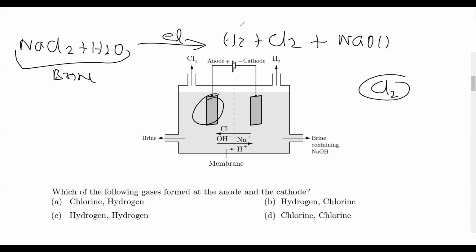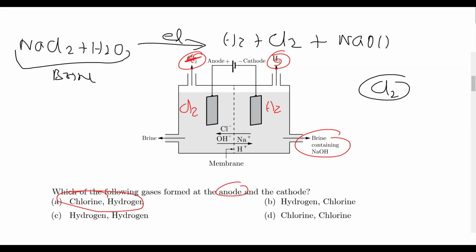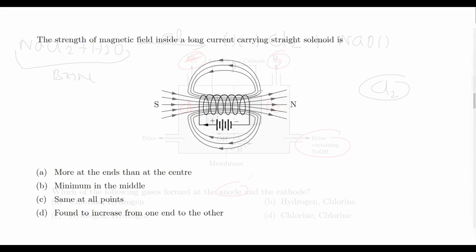At anode, chlorine gas is produced and at cathode, hydrogen. This is already mentioned here. And sodium hydroxide is produced near the cathode. Maybe in the exam this is not given. So we'll say that A is the correct option in this case.